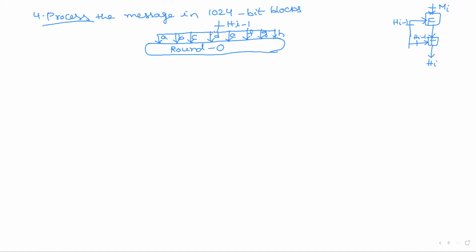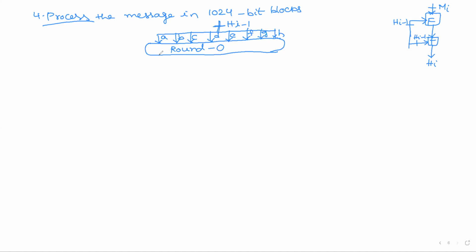If it is H naught, these are initial values. A, B, C, D, E, F, G, H contain initial values in the buffers that we discussed in the previous part, that is step 3. Generally here I am representing these buffers for Hi minus 1.